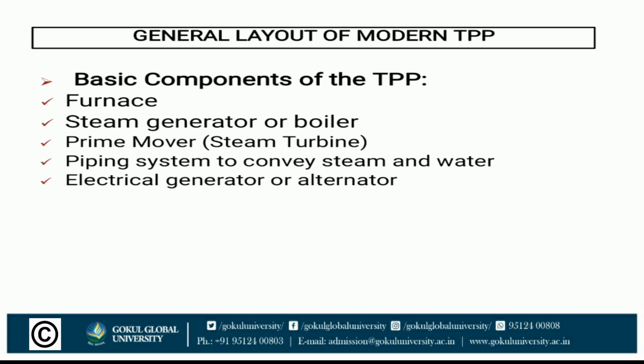Third one, prime mover, called the steam turbine, to use the heat energy of steam and convert it into mechanical work. Fourth one, piping system to convey steam and water. Fifth one, electrical generator or alternator to convert mechanical power into electricity.